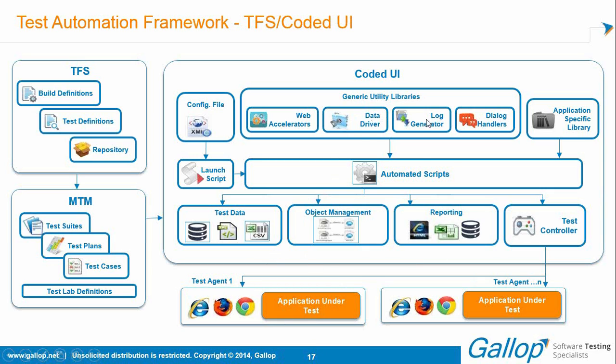And basically these drivers will enable the whole framework to generate various reports and to read the data from the various data sources. Then we have a controller which deals with multiple agents.